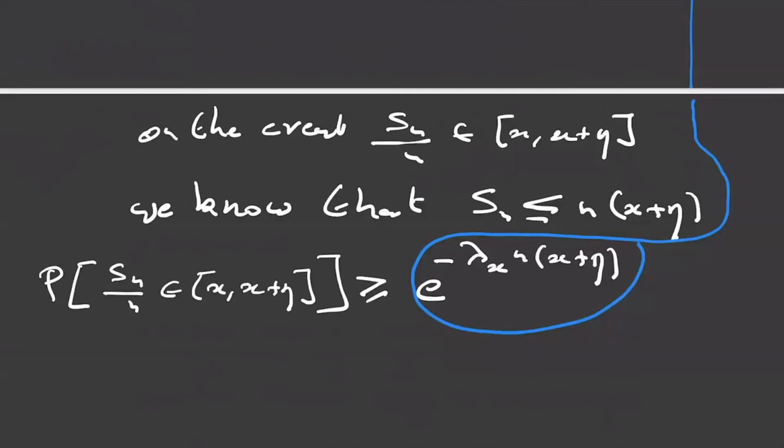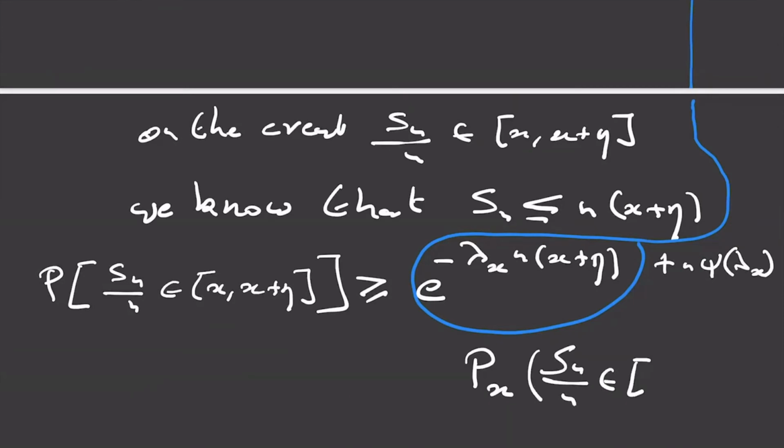So I get this plus n times psi of lambda x, which was already there, times the expectation of an indicator set, that is the probability under x of Sn over n belonging to x plus eta.